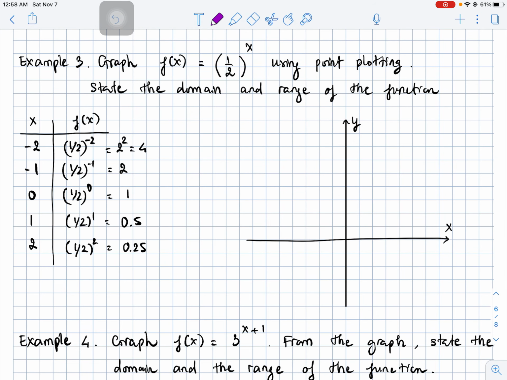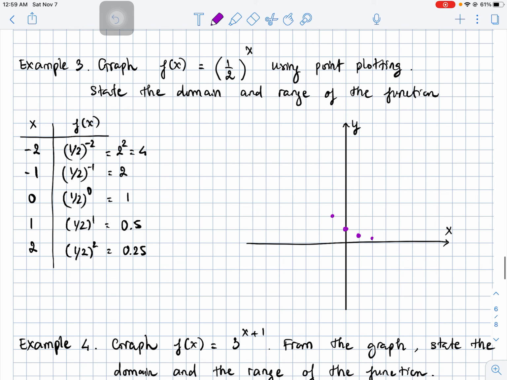Then we will plug in 0, 1 first. 1, 0.5. 2, 0.25. Negative 1, 2. And negative 2, 4.